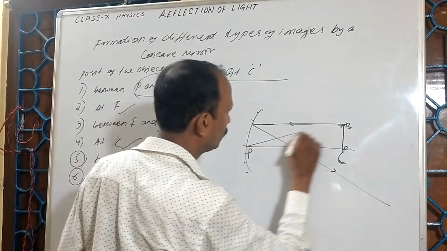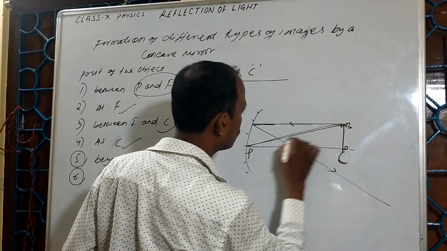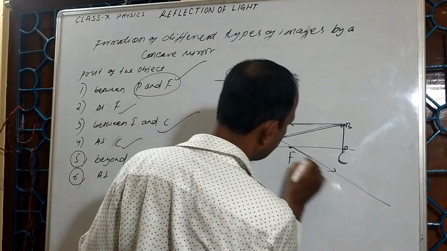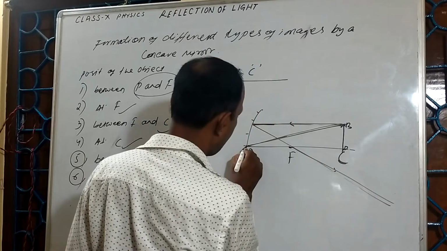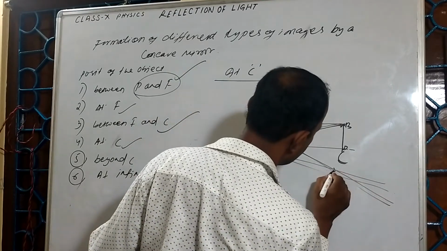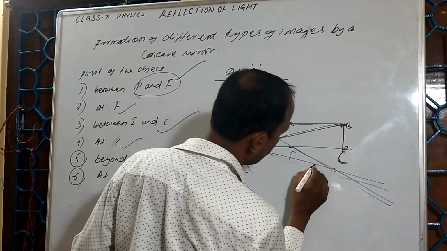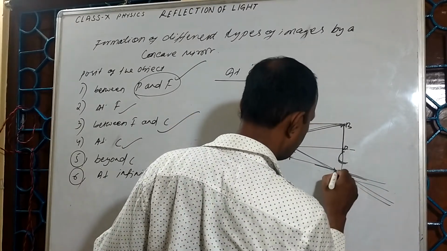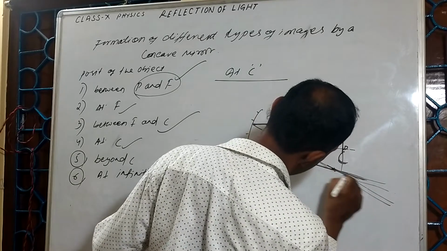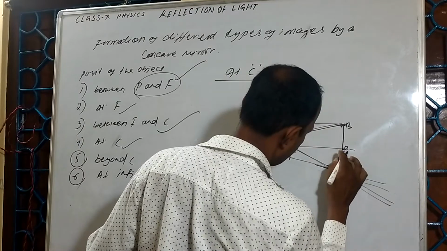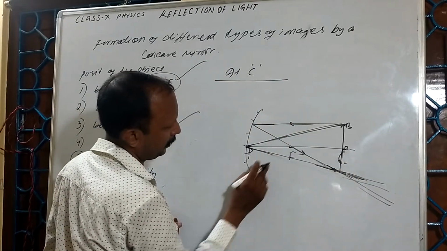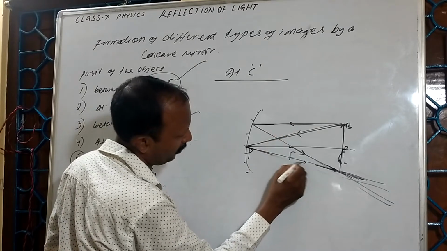Next one. Suppose it is meeting at the principal axis. Now see here, this is the incident ray, this is the reflected ray.